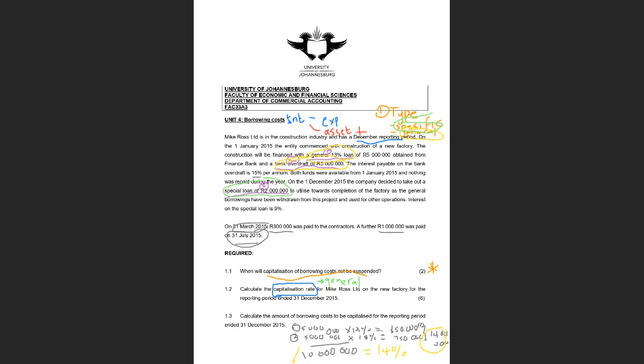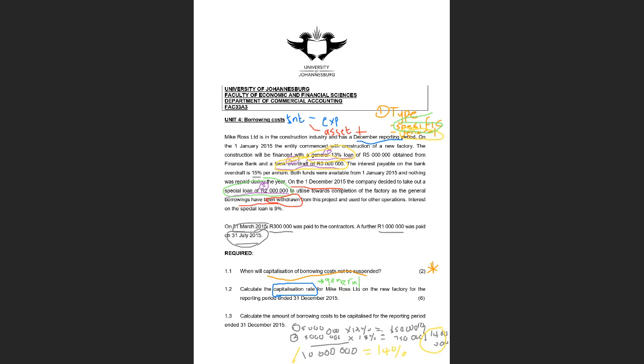Yes. Okay, what happened? This was one of the past questions from one of the years, and this year a lot of students missed it. What happened was that on the 1st of December, the company decided to take out that special loan, and because the general borrowings have been withdrawn from the project, we cannot count until the end of the year.